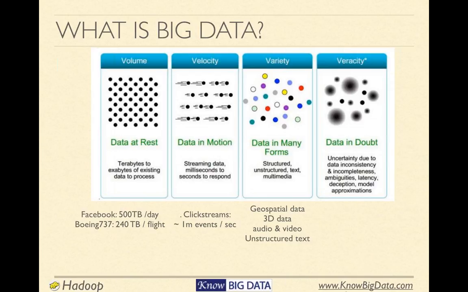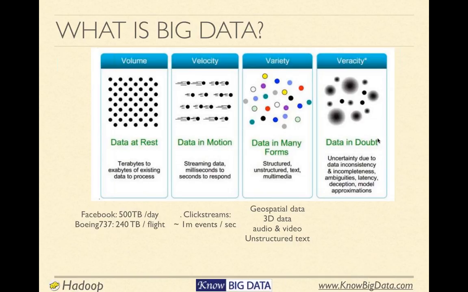It can be a movie, a photo, a map, XML, or a binary format. There are hundreds of formats. So big in terms of variety is also something we consider big data.